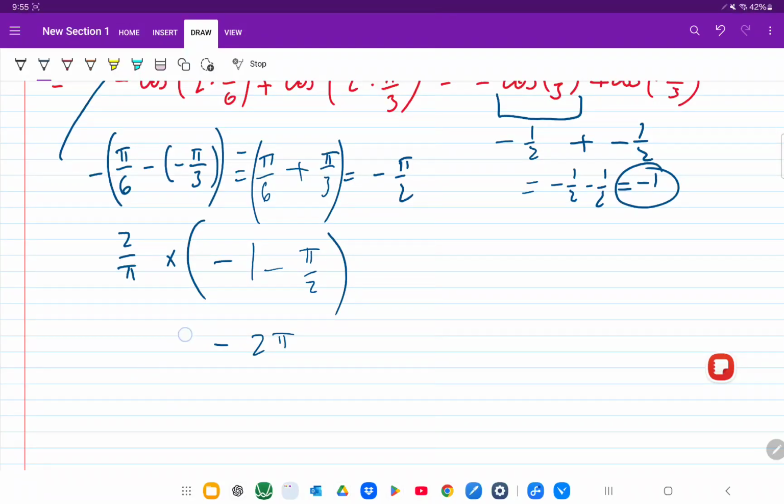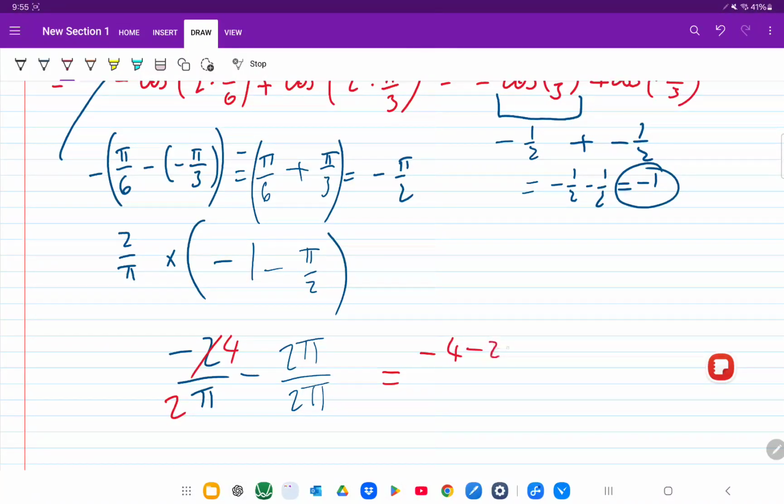Okay, sorry, let's do this carefully. If we multiply the top, we get negative 2. We multiply the bottom, we get pi minus 2 pi on 2 pi. We can combine this by making this equal to 2. This becomes multiplied by 2, that's 4. This can become negative 4 minus 2 pi over 2 pi.